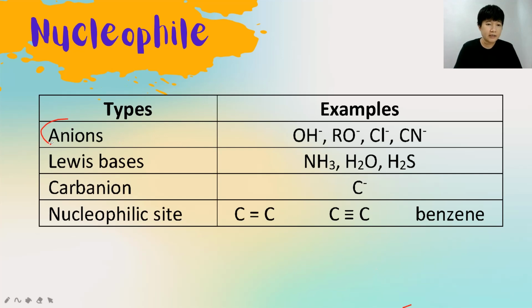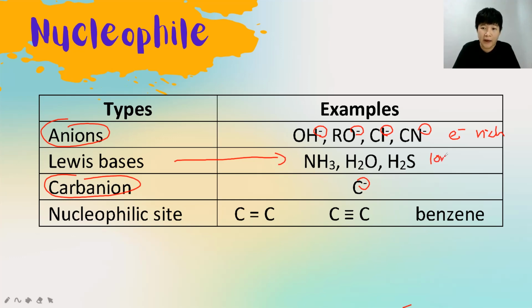These are the examples of nucleophiles that I can give to you. The anion and also the carbanion that you can have here, all your negatively charged ions, your Cl minus, your CN minus, your C minus, all that will be your nucleophile. Your electron rich. You're very rich with electrons. That's why you become negatively charged. Your Lewis bases will also be nucleophiles because all these structures have lone pairs.